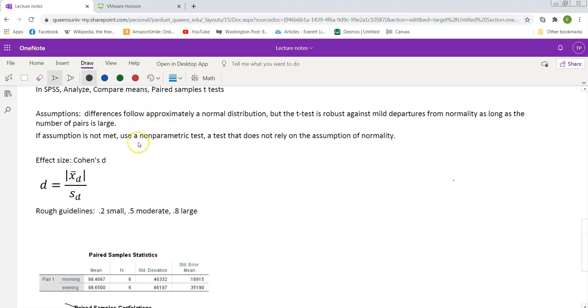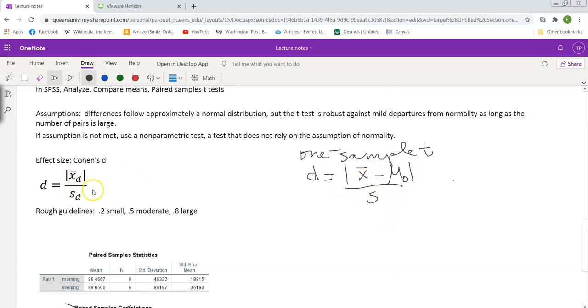The effect size. If you remember back from the one sample t-test, we had Cohen's d, and that was calculated as the sample mean minus the hypothesized value over the standard deviation.